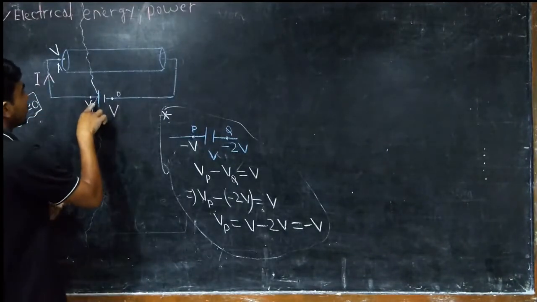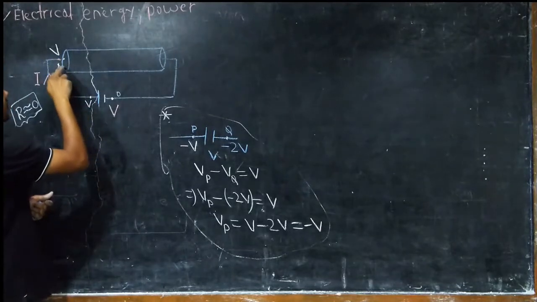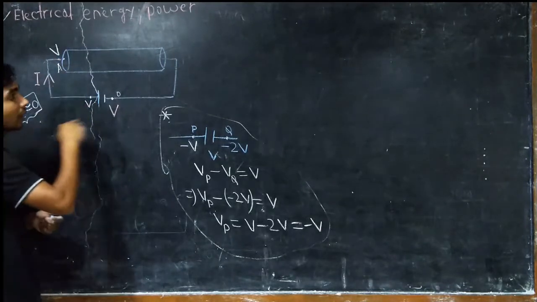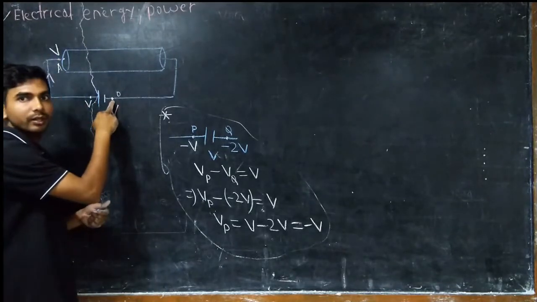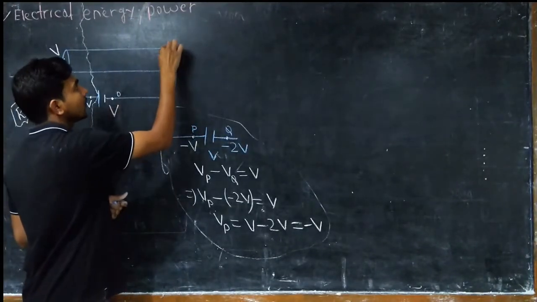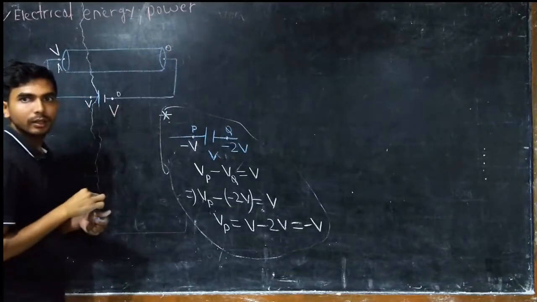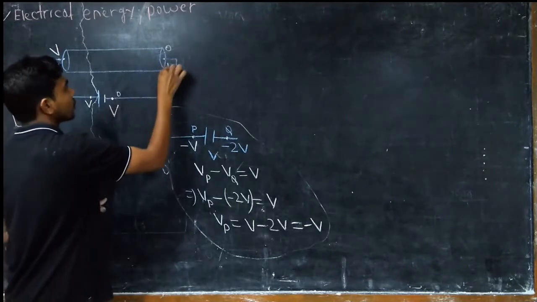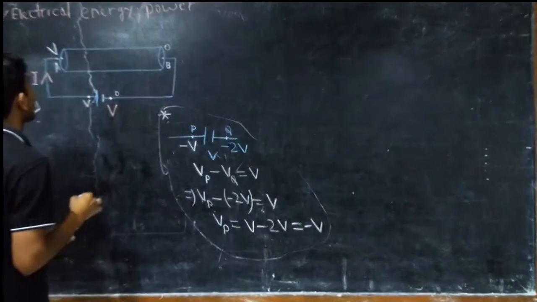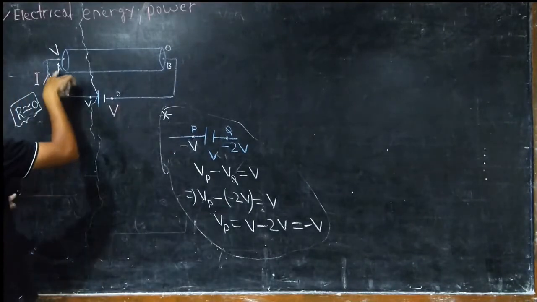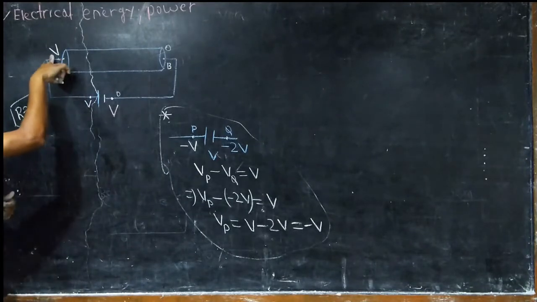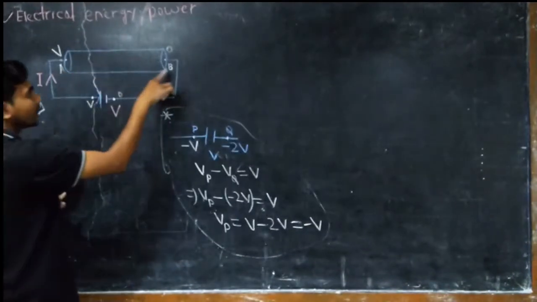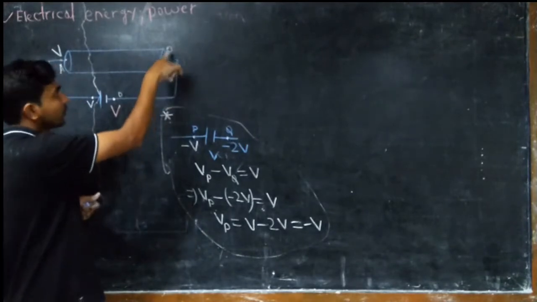Now at this point potential is V, and this side has potential 0. So at this point potential will be 0, and this is your B. Now you can see the potential at A is V, and the potential at B is 0, right?